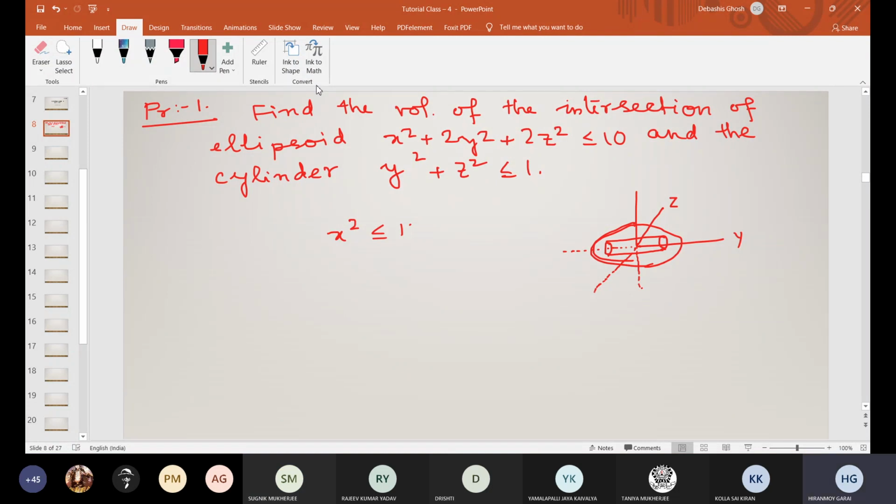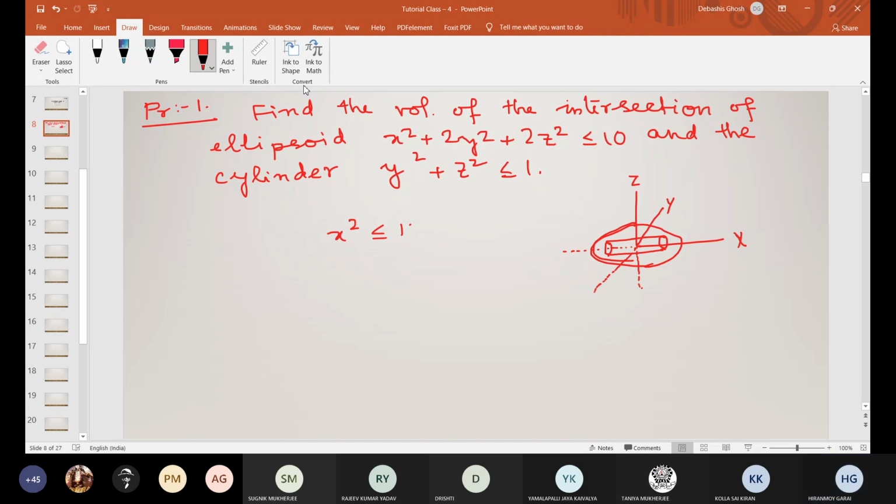Oh, the base of the cylinder is on the YZ plane, so that should be x, right? That should not be x. This one should be y. This one is x. This one is z. That's right.